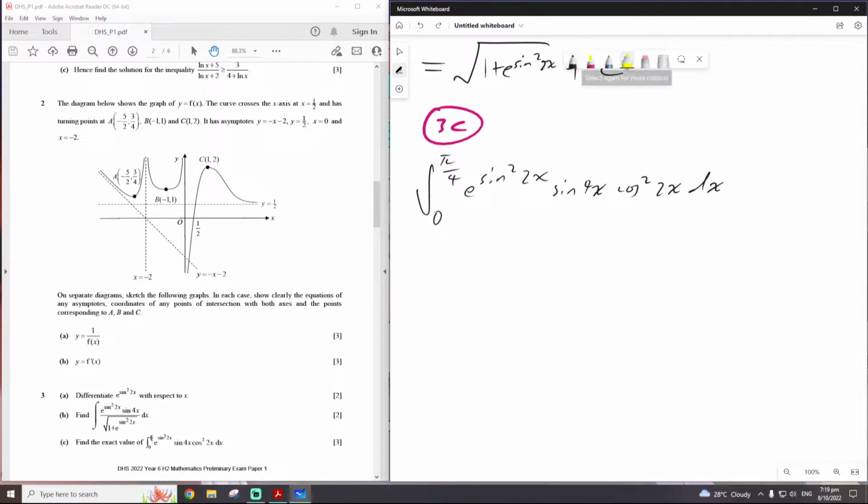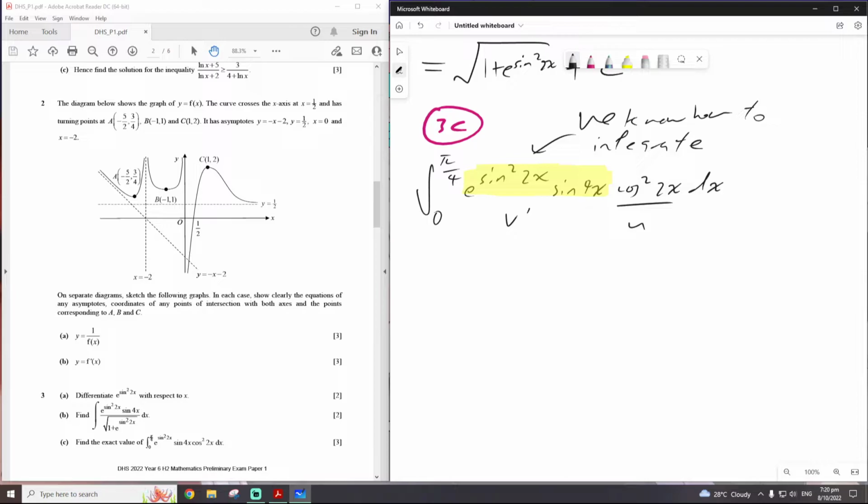So let me just highlight this and make a note. We know how to integrate this. Okay, so let's call this our v prime and we'll call this to be our u.